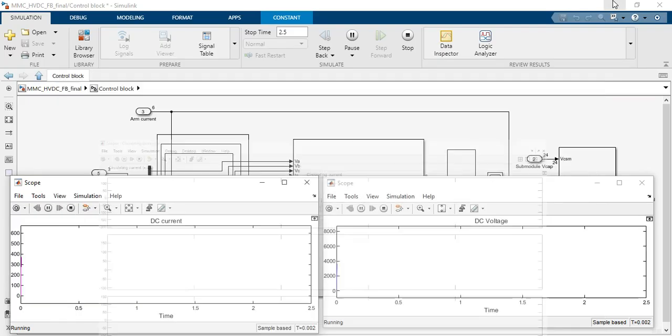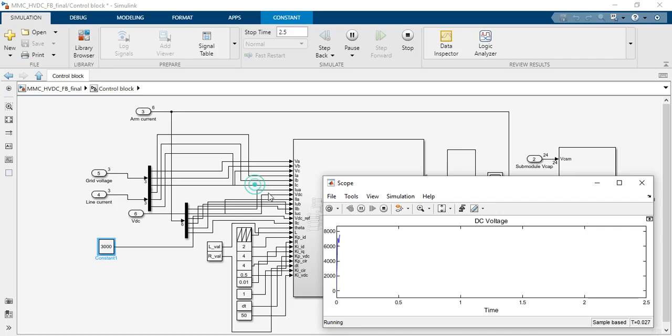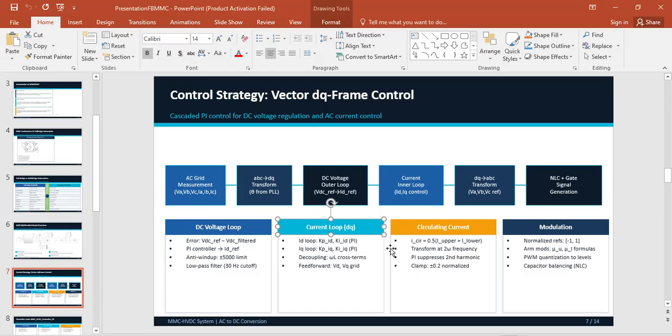Okay, let me minimize them. So now our voltage will be 3 kV. Let it settle down, and until then I can explain this part. After that, the VDC ref basically generates the ID ref, and that ID ref goes in here, the inner current control loop, where we have the ID and IQ control.